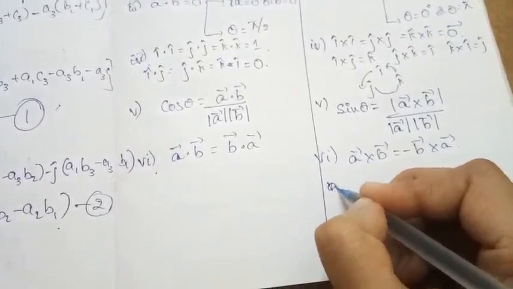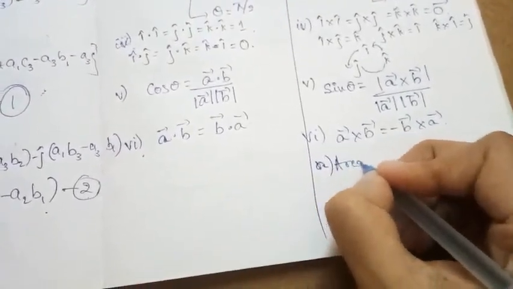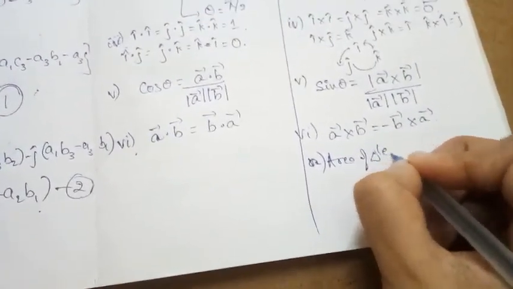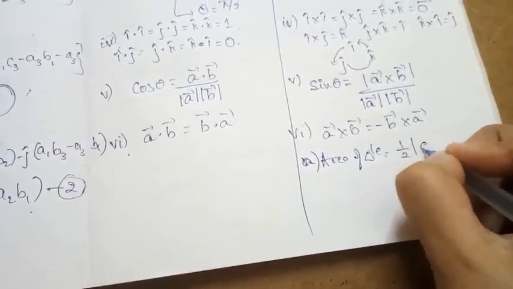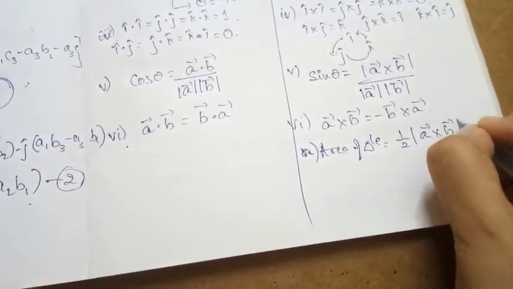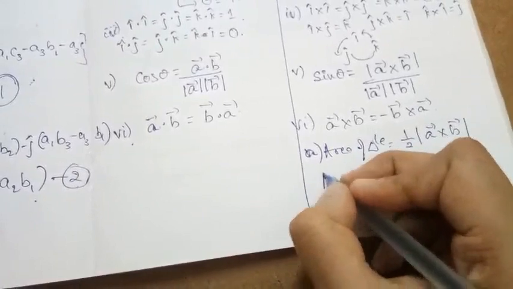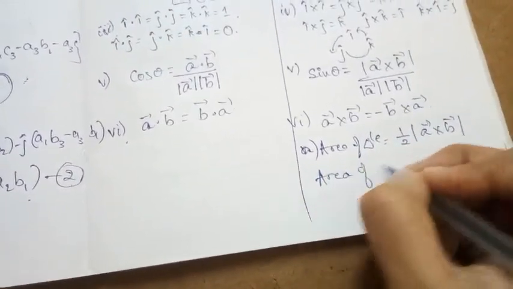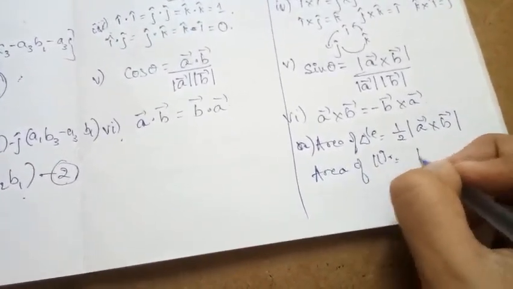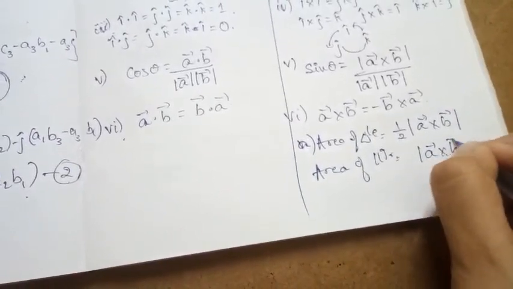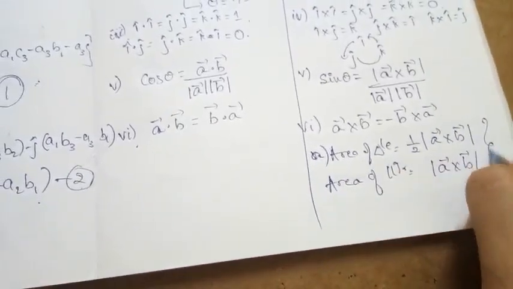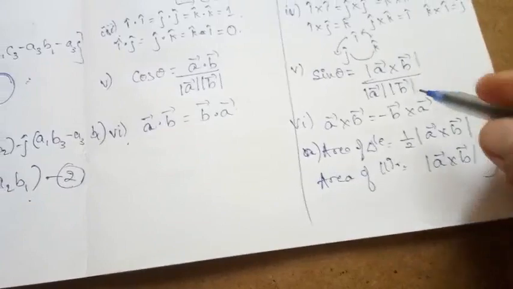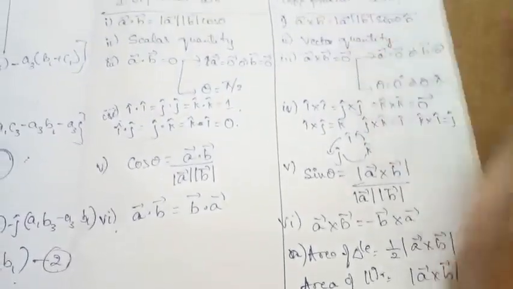Along with this, in the cross product we also came across the area of a triangle, which is half of the magnitude of vector A cross vector B, where A and B are adjacent sides of the triangle, and the area of a parallelogram, which is the magnitude of vector A cross vector B. These are the two important things we studied under the cross product.